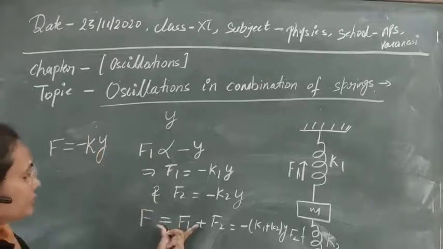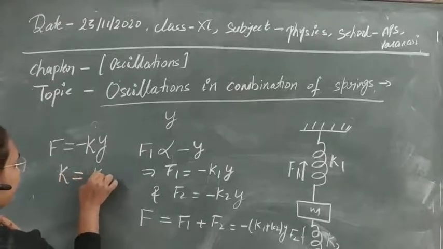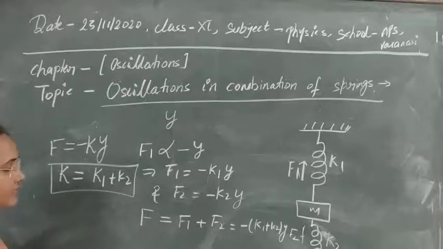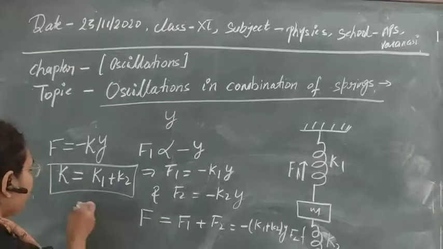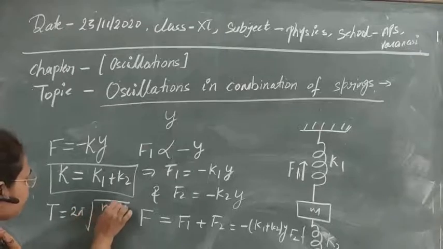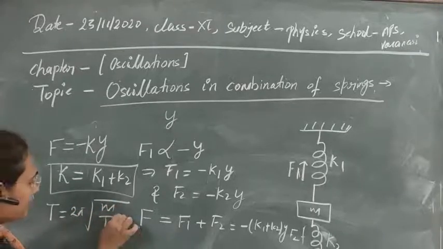With the help of these two equations we can compare and easily calculate the force constant, which is K equal to k1 plus k2. The time period obtained in this case is 2π root of m by k, or in place of k you can write k1 plus k2.